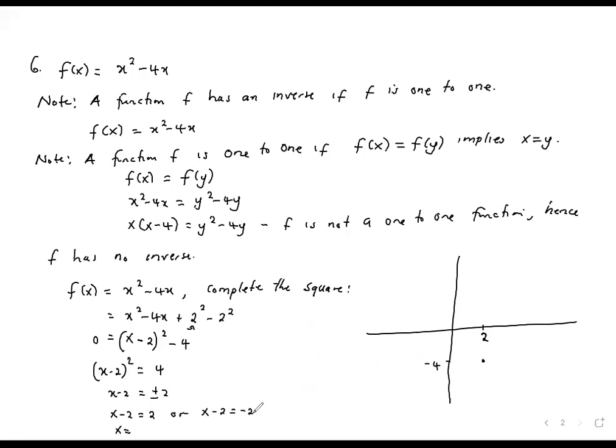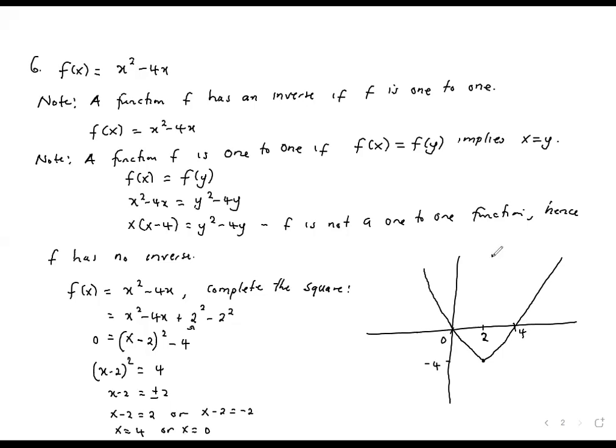So x is 4, or x is 0. By graphing, the function would look like this. That is 4, and this piece here is 0. So the reason why it's not 1-to-1 is because of this shape.